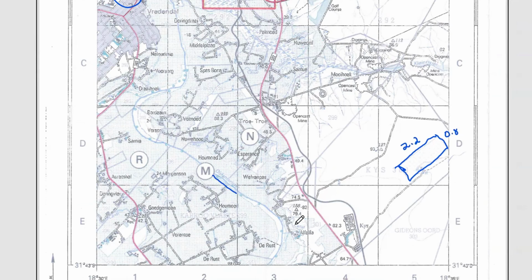So that river is named the Olifants River. This one is the Olifants River, labeled here.